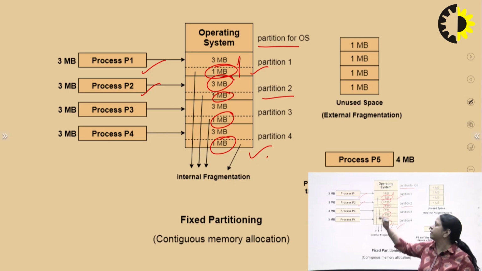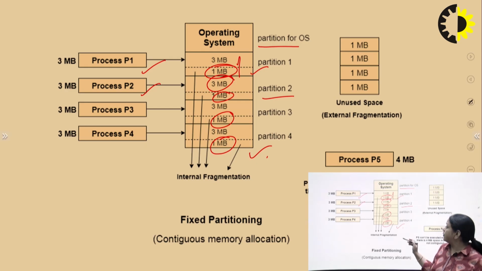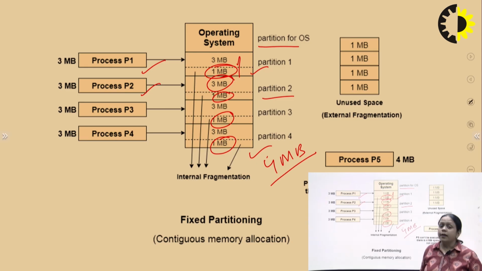This is known as 1 MB internal fragmentation. So, we have 4 MB leftover memory here, and if a particular process P5 wants to come into the memory, we cannot allocate the memory to this P5 process.